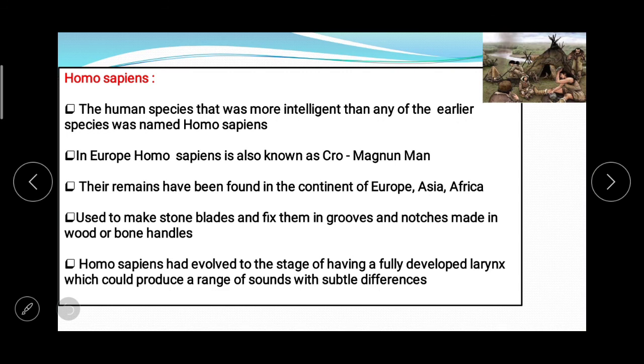On the basis of C14 dating, it is estimated that the Neanderthals became extinct about 30,000 years ago.